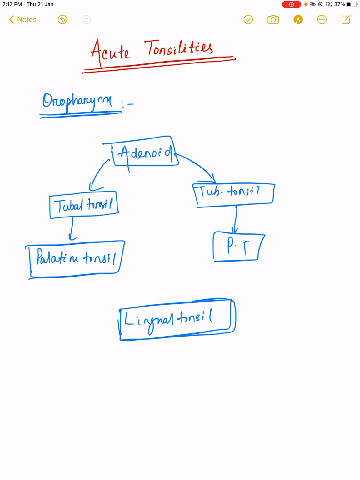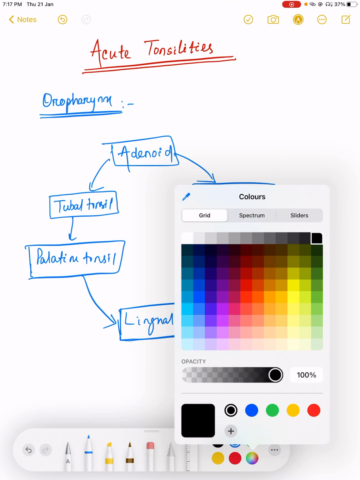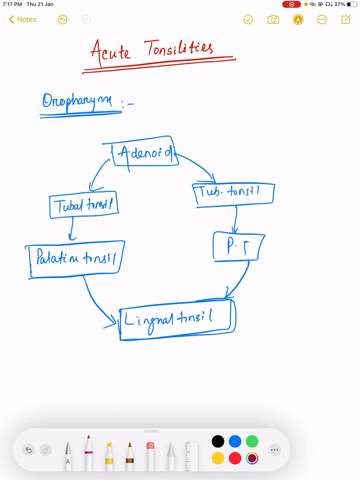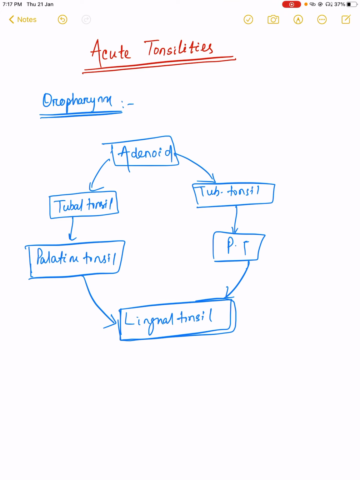All these tonsils form a structure known as Waldeyer's ring. Fine. I think you should know what Waldeyer's ring is.